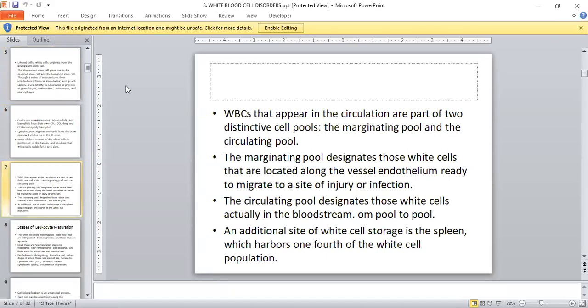White blood cells that appear in circulation are part of two distinct cell pools: the marginating pool and the circulating pool. The marginating ones are located along the endothelium, ready to migrate to the site of injury or infection, and the circulating ones are in the bloodstream, moving from place to place.